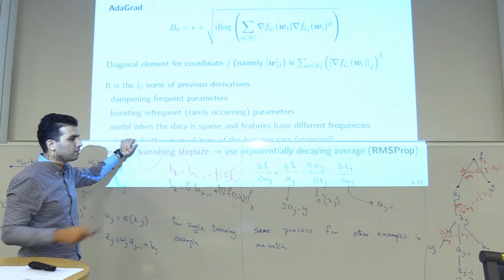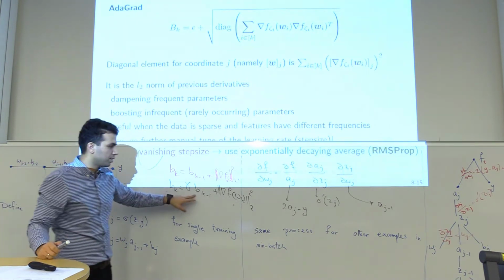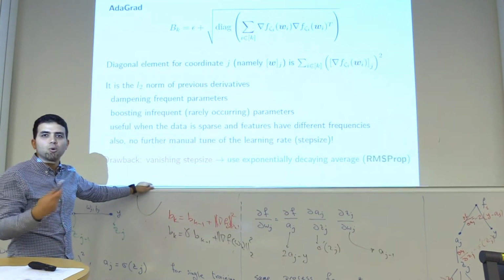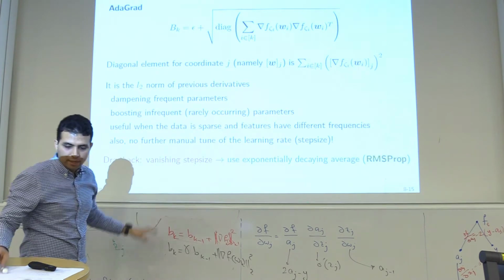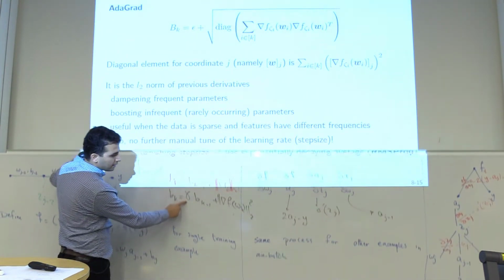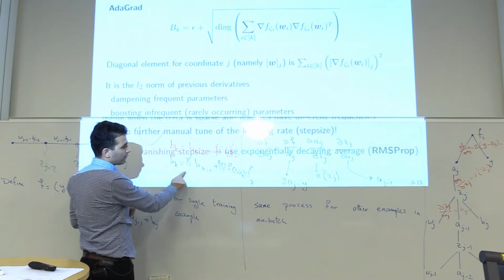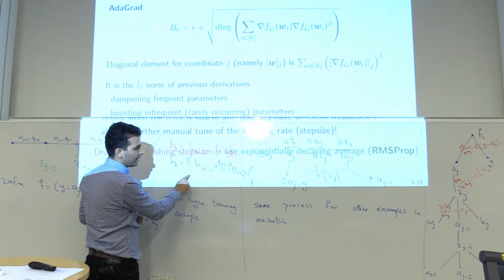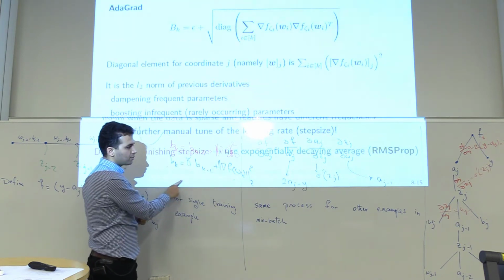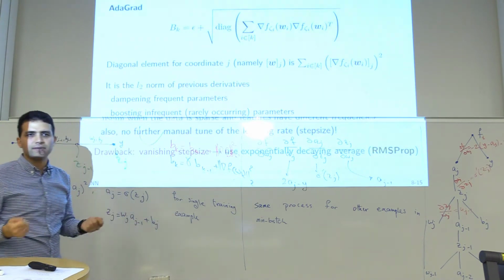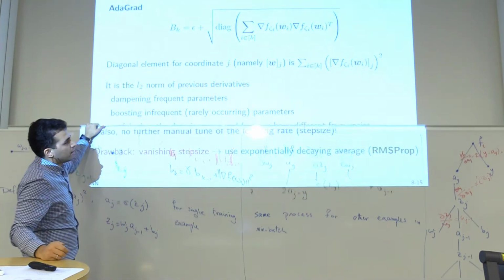You're still summing up over everything, but exponentially giving less emphasis to the very old values that you had. You can just write it down and see that this gamma should be smaller than 1 anyway. So gamma to the power k multiplies the gradient at the first iteration, gamma to the power k minus 1 the gradient at the second iteration. That's the meaning of exponentially decaying average.